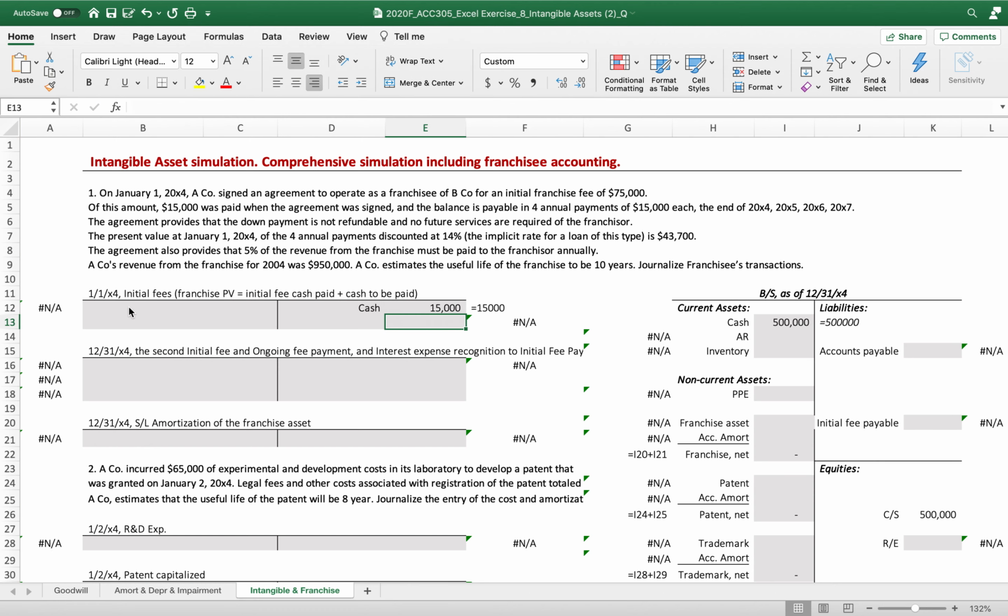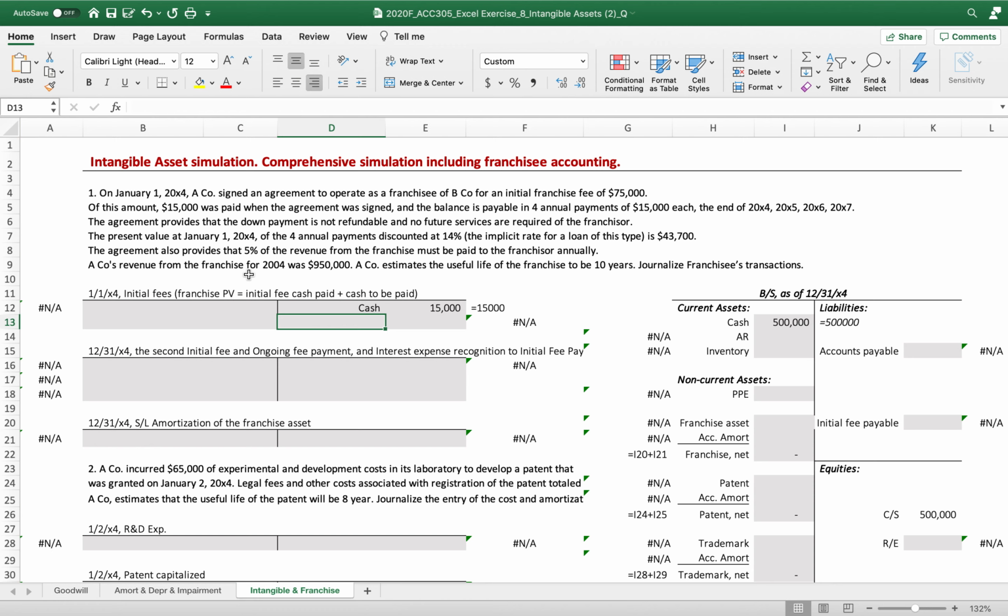And then the initial fee payable. The initial fee payable in the future, except for the initial payment when they made the contract, is the $60,000, 4 annual payments of $15,000 each at the end of 2004, 5, 6, and 7.